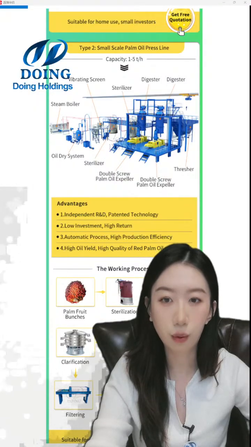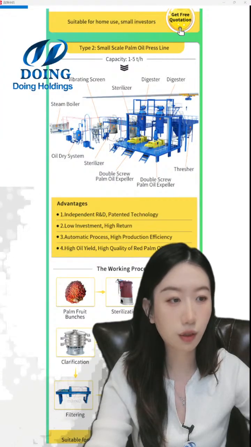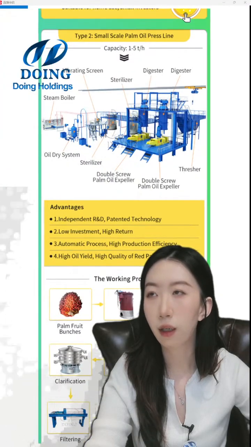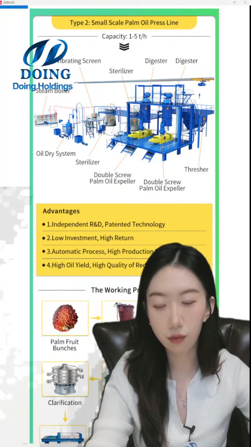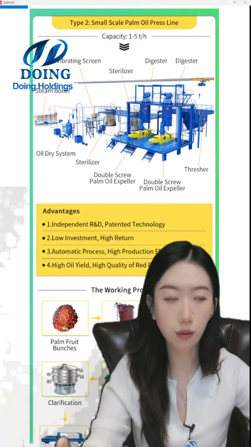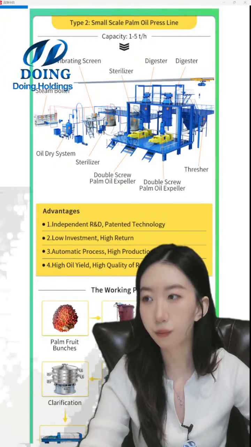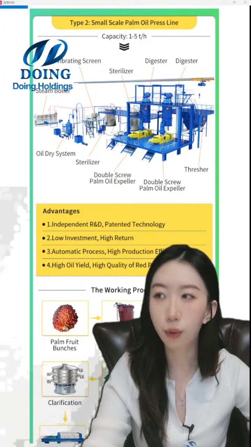We can equip our equipment for you, and the quality of crude palm oil will be higher and better, giving you high return and high oil yield.